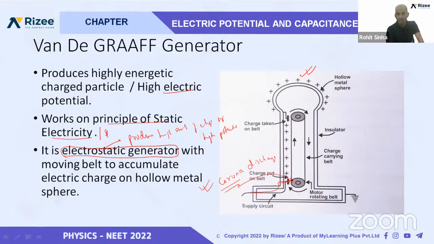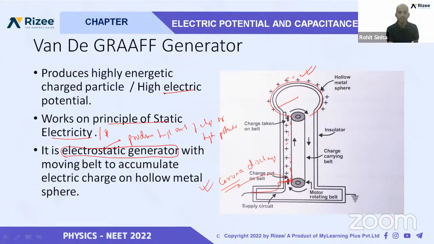Through corona discharge, charges go through this belt and get transferred to the upper hollow sphere, and it moves on it, and we create a high potential.